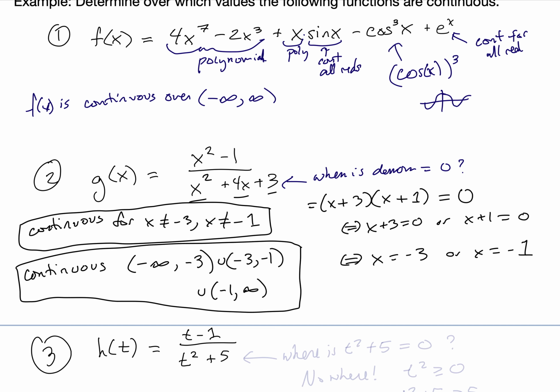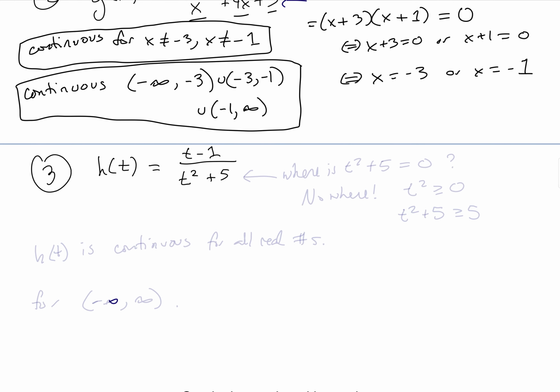Lastly, we've got h of t equals t minus 1 over t squared plus 5. So again, for this rational function, we want to look at where t squared plus 5 is equal to 0. And our answer is nowhere, because t squared is always non-negative, and therefore t squared plus 5 is always greater than or equal to 5.